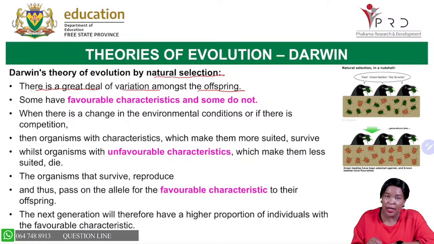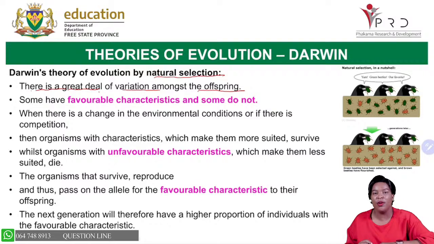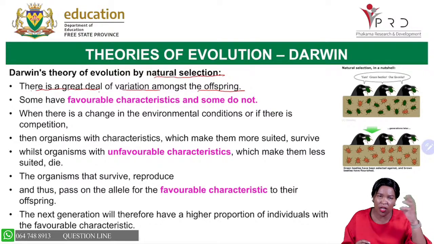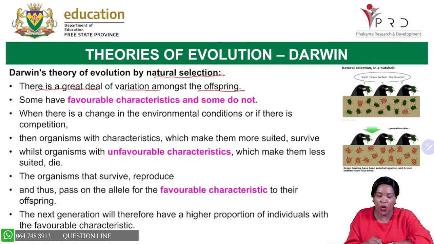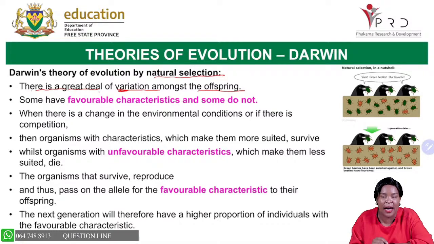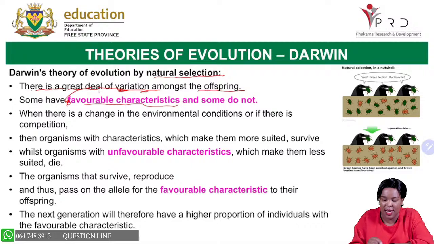But Darwin starts by saying there's a great deal of variation, meaning if he's using giraffes, you'll find giraffes with short necks and giraffes with middle necks and giraffes with long necks. So there's a variation amongst the offspring. Then he explains this variation. Some have favorable characteristics and some do not.